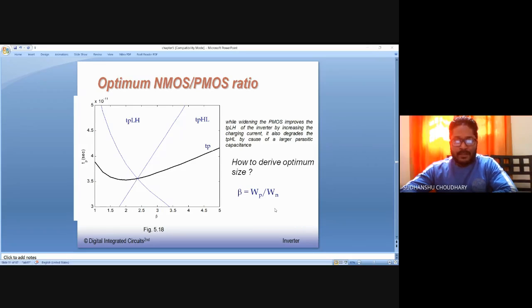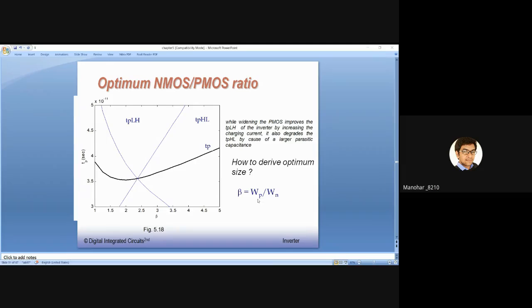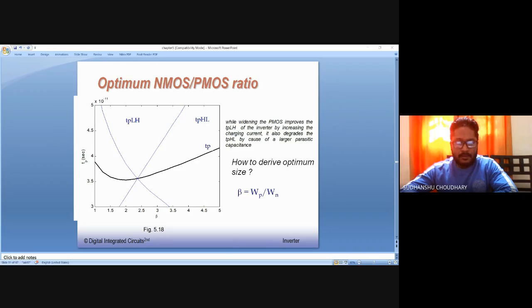So we make the resistances the same by increasing the width of the PMOS, so that PMOS becomes faster because resistance is brought down. Mobility is not changed. The mobilities are always different. Hole mobility will always be smaller than the electron mobility. Mobilities are not changed here.